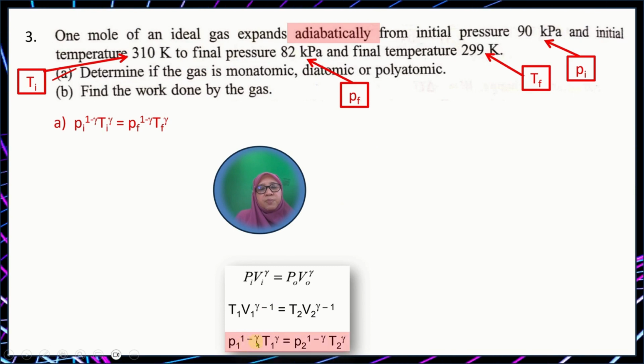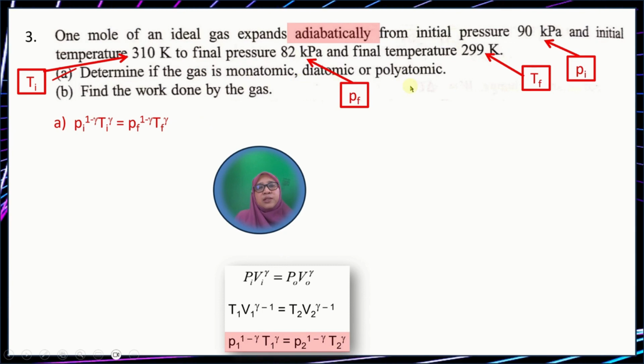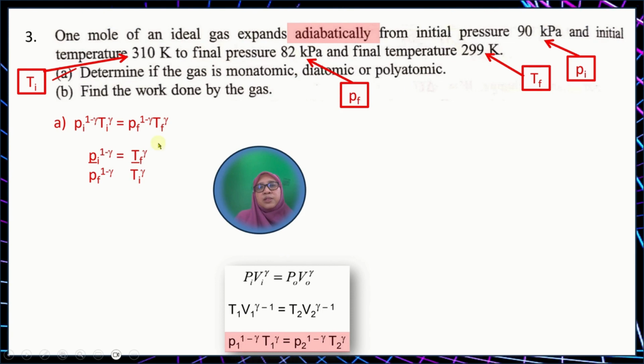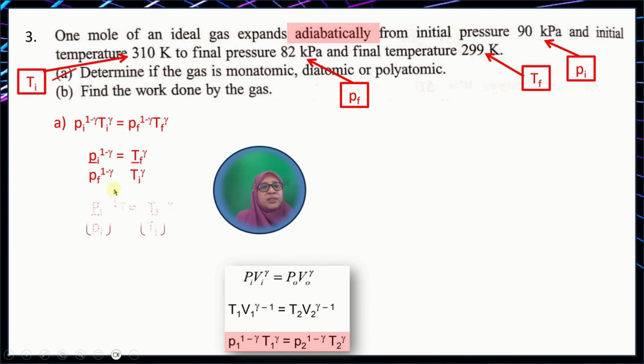P1 to the power 1 minus gamma, T1 to the power of gamma equals P2 to the power 1 minus gamma, T2 to the power of gamma. So we can calculate gamma to determine whether the gas is monoatomic, diatomic, or polyatomic. We substitute the P and T given and rearrange the equation.